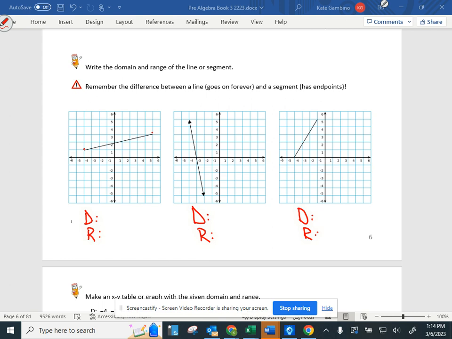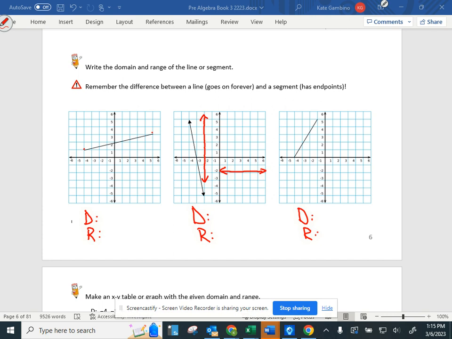The only time with a line that it wouldn't be all real numbers is if it's a line that goes completely up and down or completely across. Why couldn't we put all real numbers, Tatum? I think it's because it keeps going through. It's still parallel, the same.